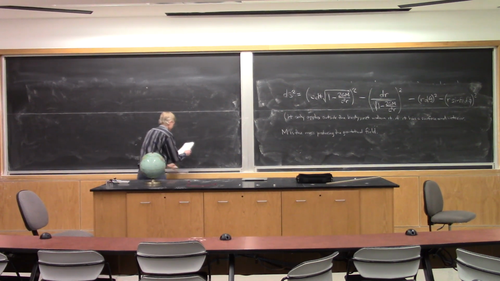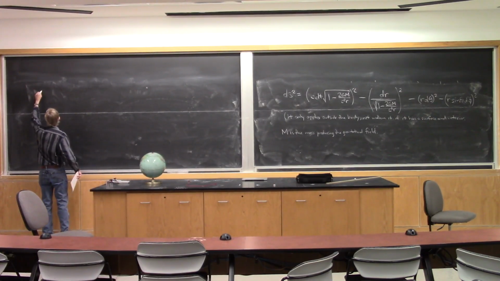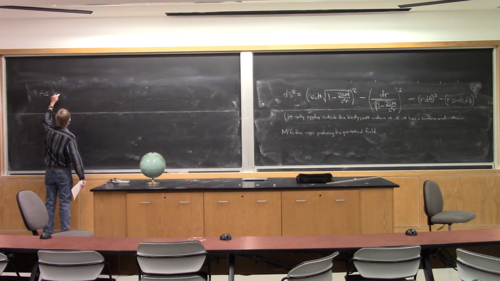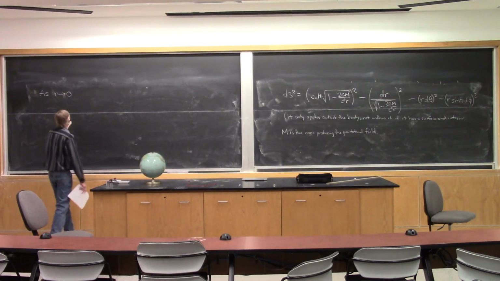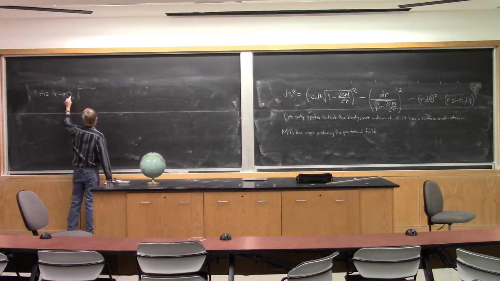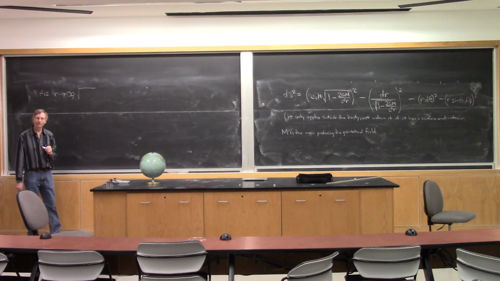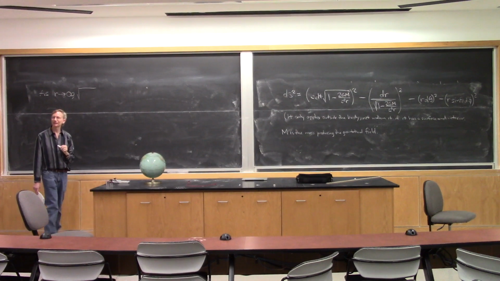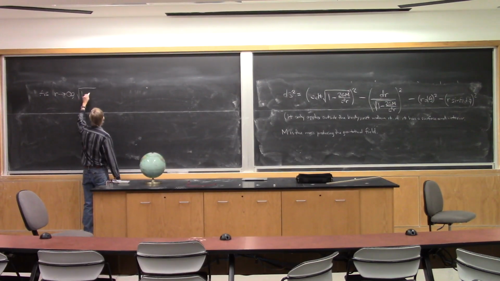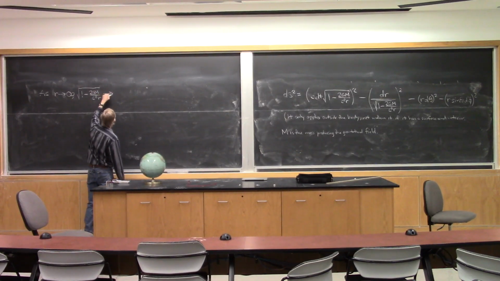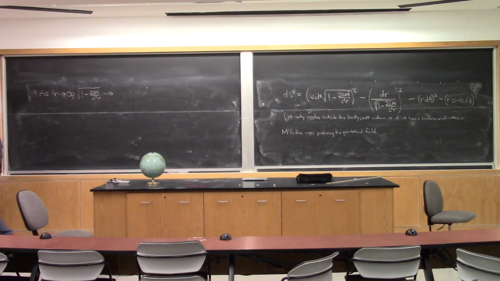So first of all, as r goes to infinity, with M sitting at the origin, the square root of 1 minus 2GM over c squared r goes to what? 1, right?